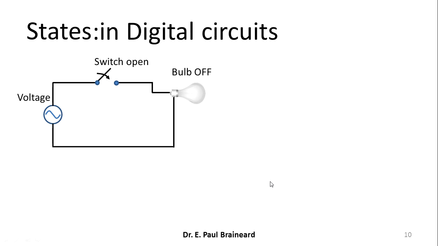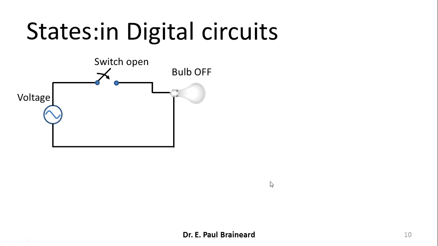If the switch is open, the bulb is turned off. That is, the voltage applied is 0 and the state of bulb in logic language is termed as logic low or false state.